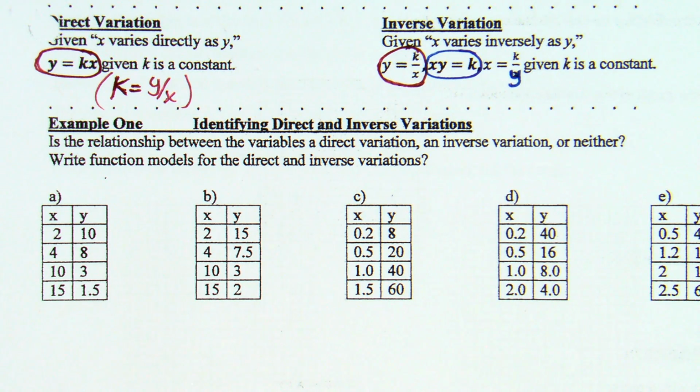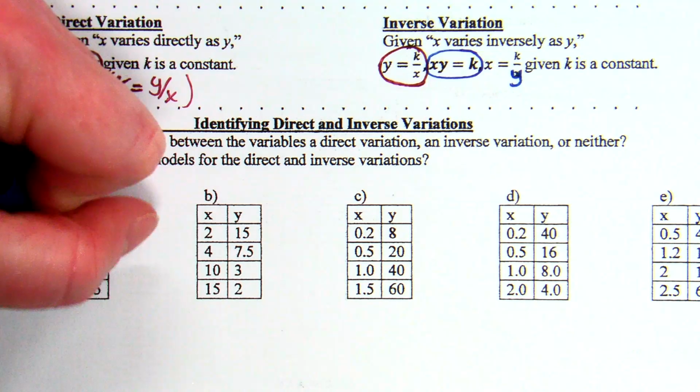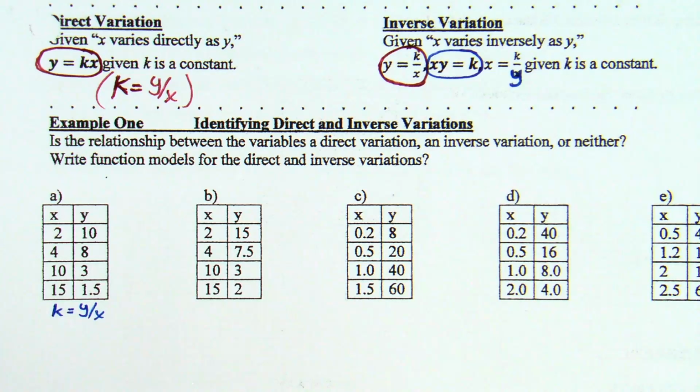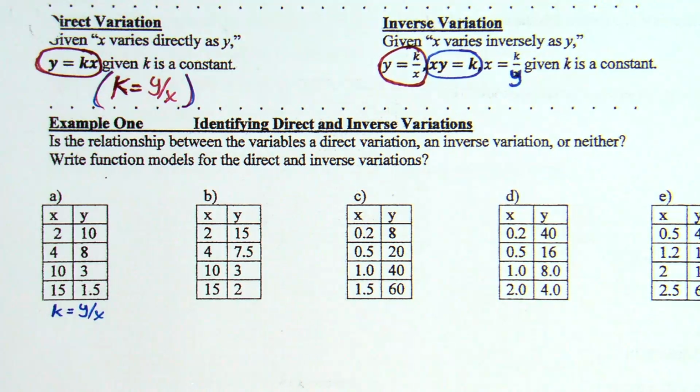Okay, so if we do y divided by x, then what we're checking for is direct variation. I agree, this is one of the things we need to do. So let's check and see what happens when we do y divided by x, because that's finding my k value up here on direct variation.